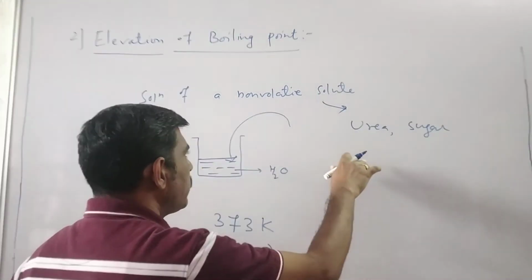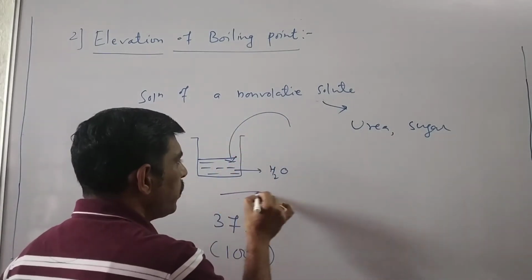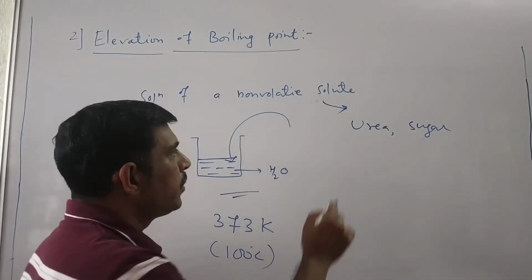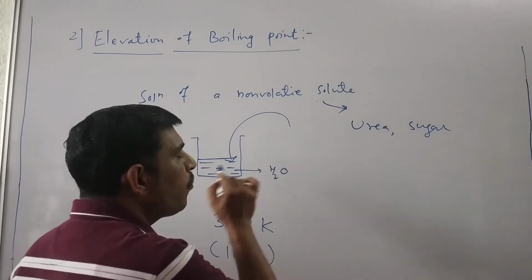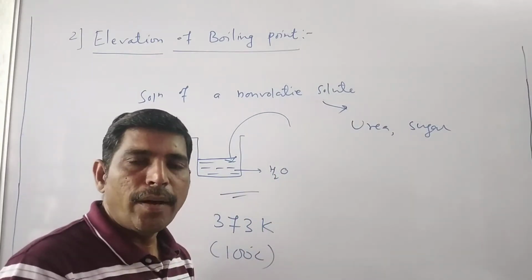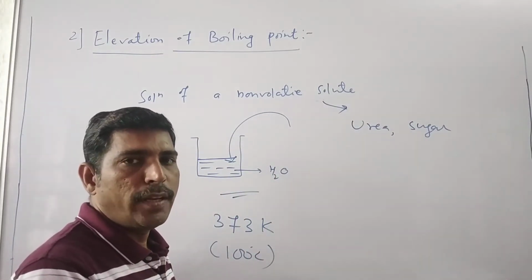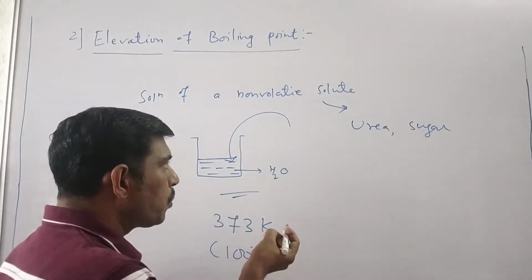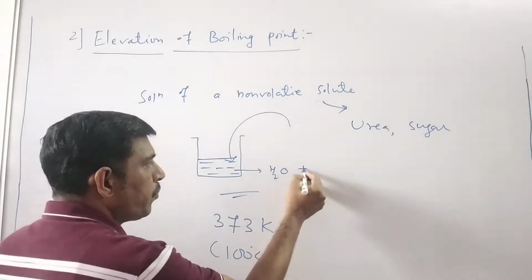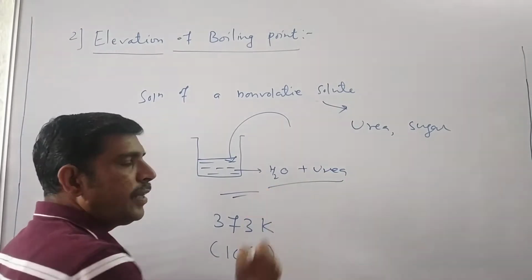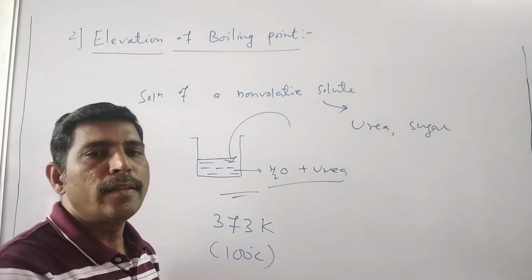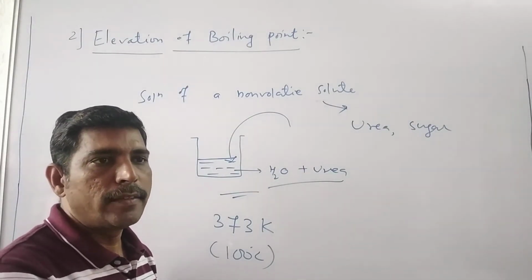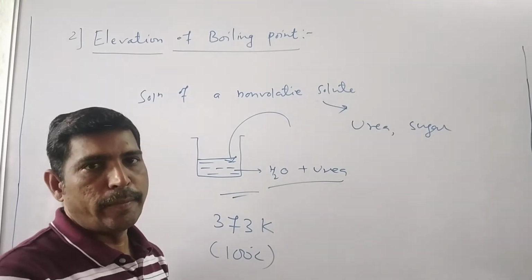Suppose I added some urea in this water, and we get the solution of urea in water. And again, by experiment, we will check the boiling point of the solution of urea. Then there is an increase in the boiling point, as it is according to experiment.